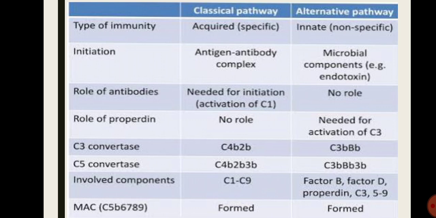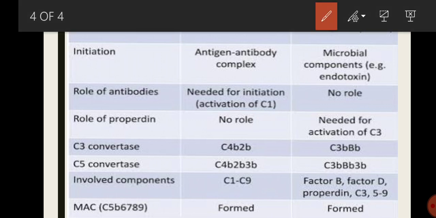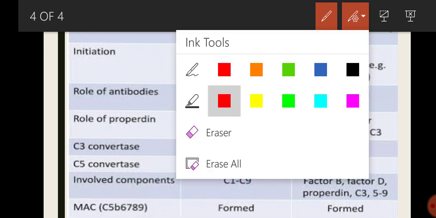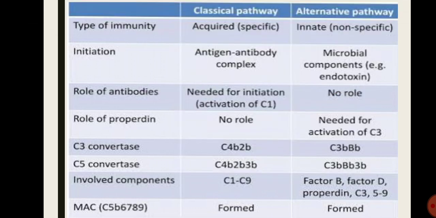Okay, now initiation. We have seen that in the classical pathway we had antibody binding to the antigen, but in this case there was a direct bond between C3b and the endotoxin. So this is one of the differences. Then we have role of antibodies.